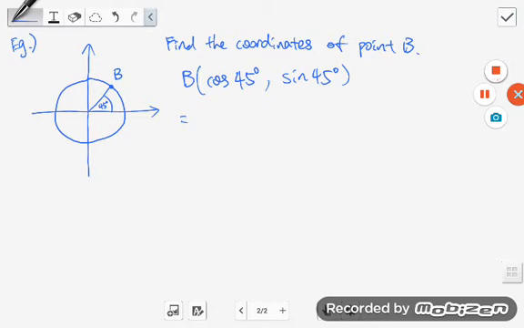And if you put that in your calculator, you will get root 2 over 2, root 2 over 2. Okay? Now, again, this is a unit circle, right?